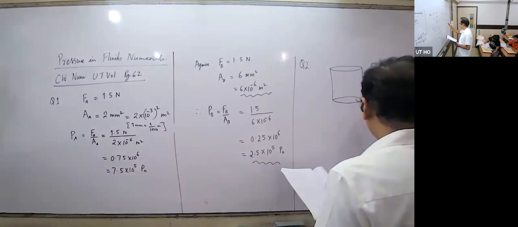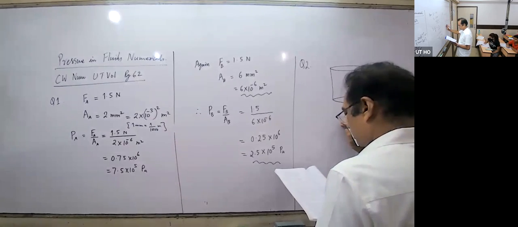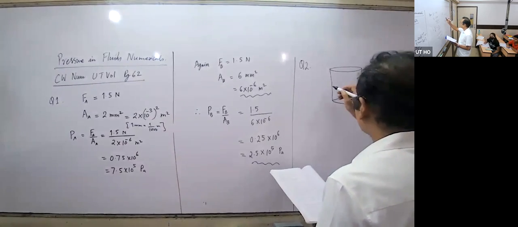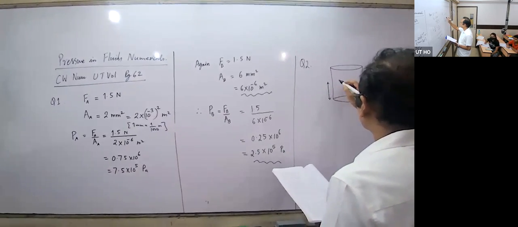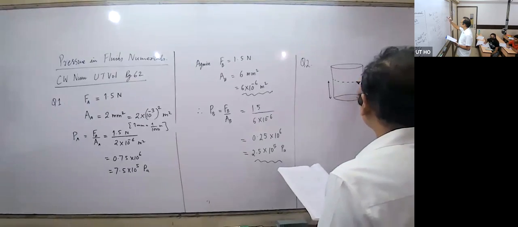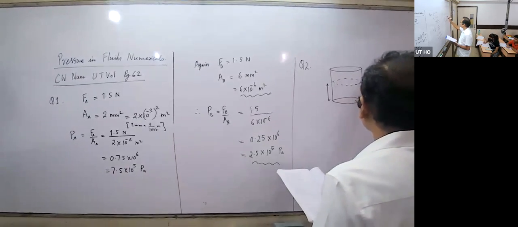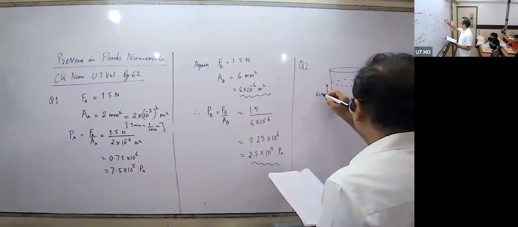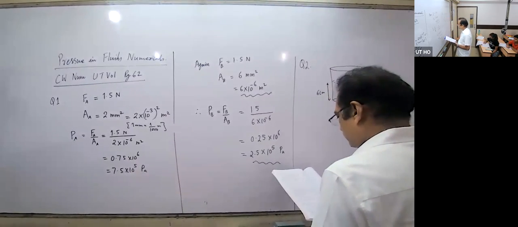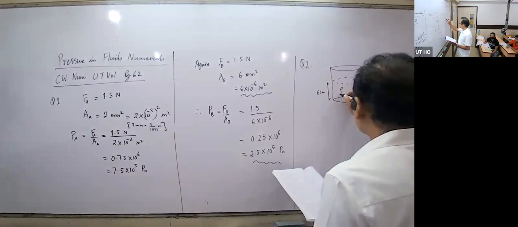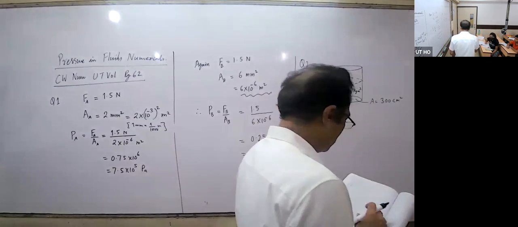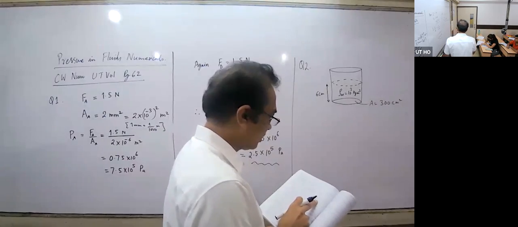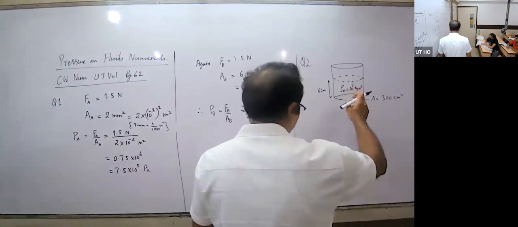Water is filled in it up to a depth of 6 centimeters. Let's say water is filled here. This is 6 centimeters. And its density is 1000. Density is given as 1000 kg per meter cube, so I have written it as 10 raised to 3.